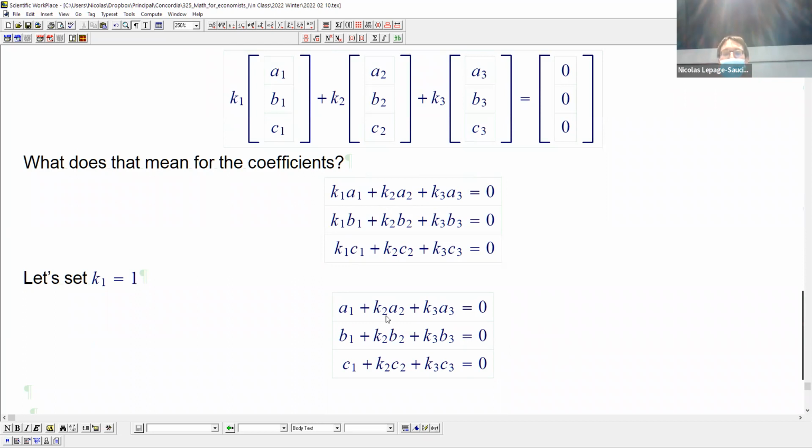And now we have to get rid of K2 and K3. So we already said what we should do in that case. There is one thing that could worry me: A1, B1, C1, A2, B2, C2, I don't know what they are.